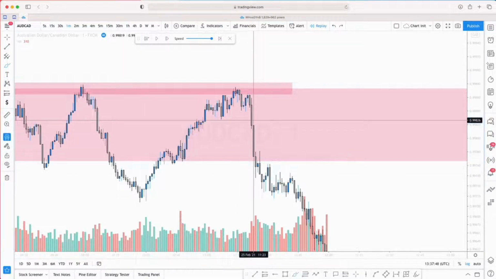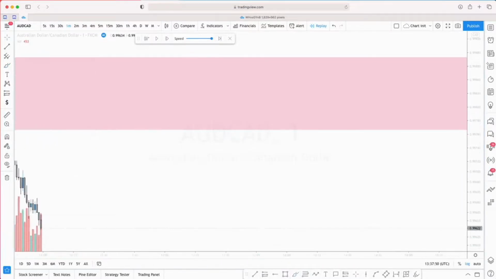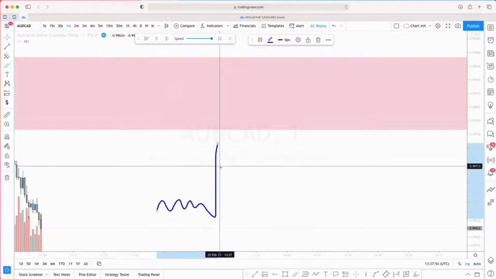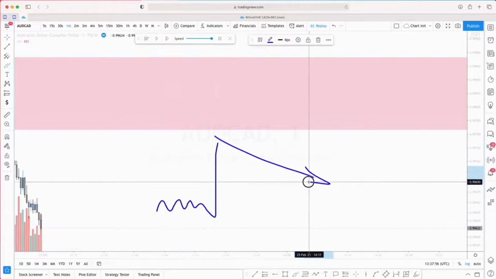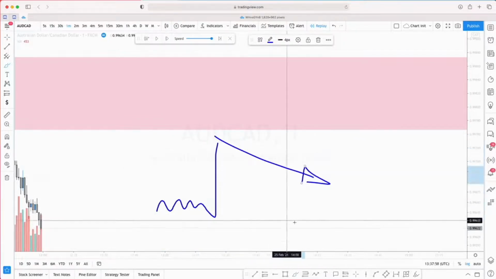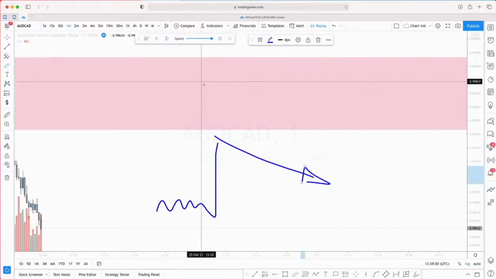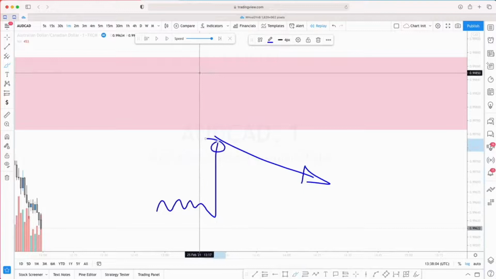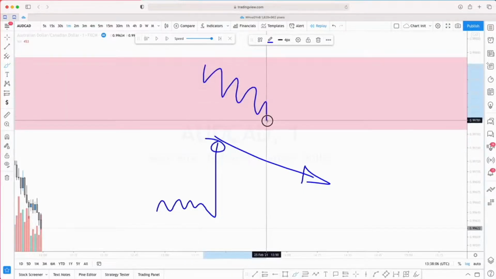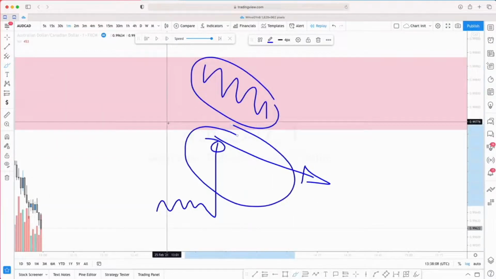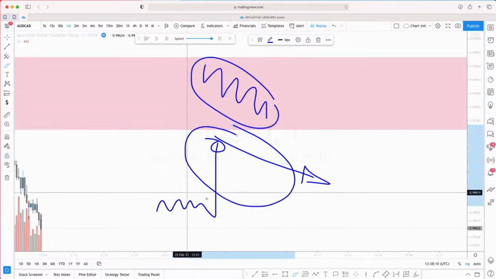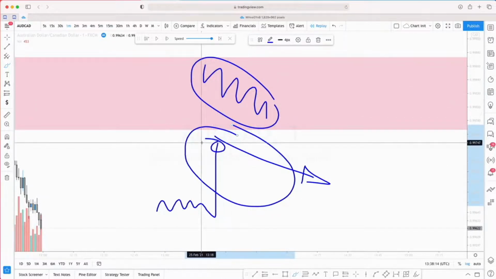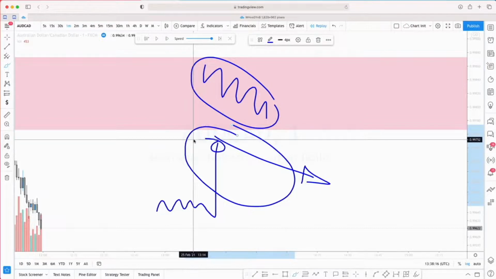All you want to look for is a spike in volume, and then expect a diminishment. That's the main thing. Let's say that this is bearish volume, a spike in bearish volume. If price is moving bearishly, it doesn't make sense. When you get a spike into your POI, just be wary that something may happen.